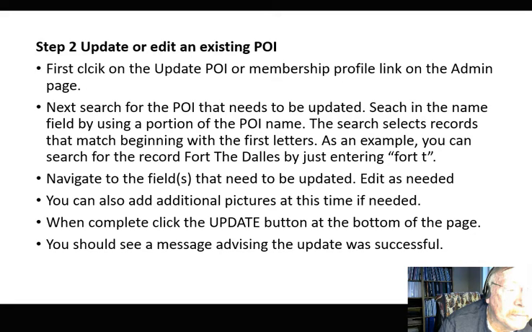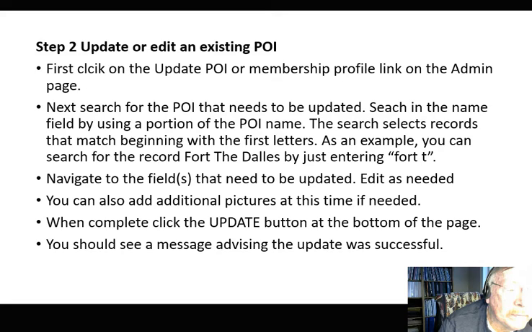And you can use a number of different methods to search, using an example here. Looking for Fort The Dalles, just write FORT space T, and that will come up with enough of Fort The Dalles to pull the item into your results.